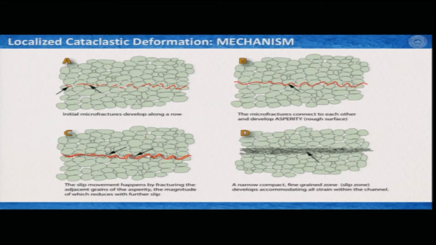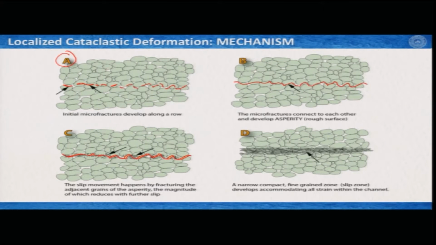If we try to figure out how it happens, here is an illustration of the different processes that we can think of. I have given 4 illustrations here, and this is mostly applicable for frictional flow. In the first image, which is A, we have an arrangement of grains with some porosities which are white here, and then these red areas are some tiny little fractures that developed due to application of some sort of deformation.